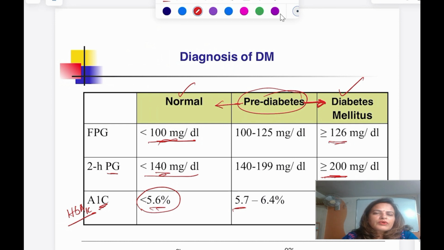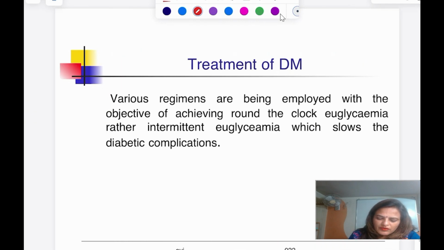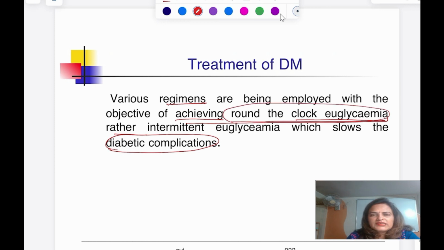Now what to do? What is the treatment of this diabetes mellitus? There are various drugs and various regimes which try to achieve euglycemia. Round the clock euglycemia is more important than intermittent euglycemia, because to prevent diabetic complications you need a round the clock euglycemic effect.